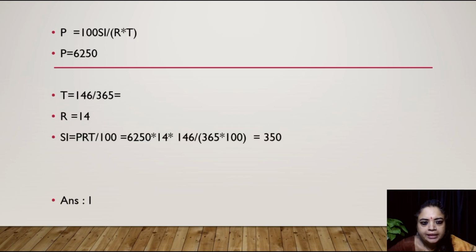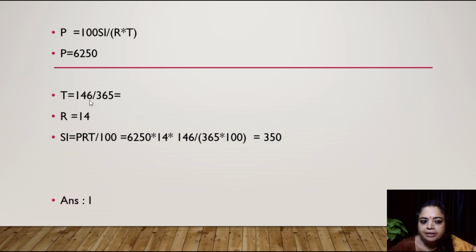So we use the formula straightforward. We know that the principal amount P is equal to 100 into SI, where SI is the simple interest, divided by rate into time. You are given that the principal amount is 6,250 and the time is given as 146 days.